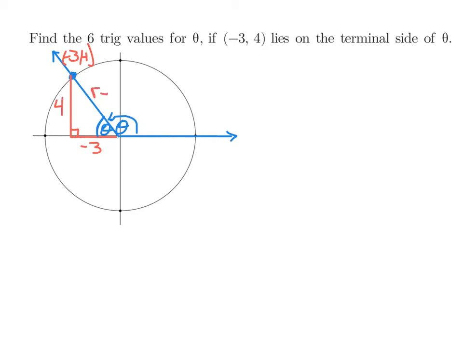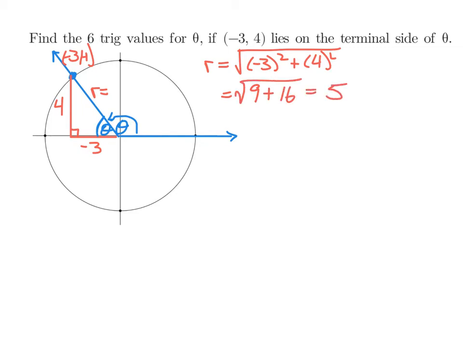And we need to find this radius. The radius, we said, was going to be the square root of x squared plus y squared. Remember, negative 3 squared is not negative 9, it's 9. And then 4 squared is 16. So we have the square root of 25, which is 5. The old 3, 4, 5.